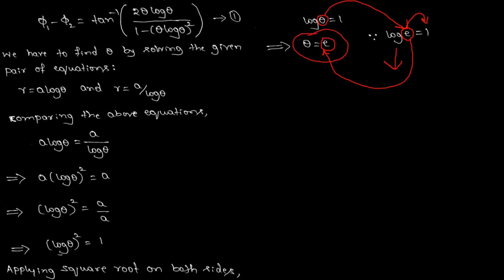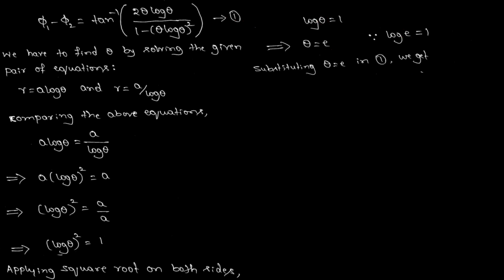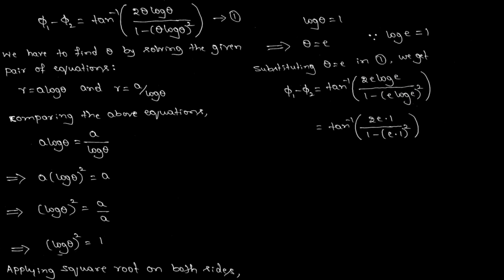We will put the value of theta, which is equal to e, in equation number 1 wherever theta is there. Substituting theta is equal to e, we have substituted wherever theta was there, in the denominator also. Now as we know log e is 1, we substitute log e as 1.